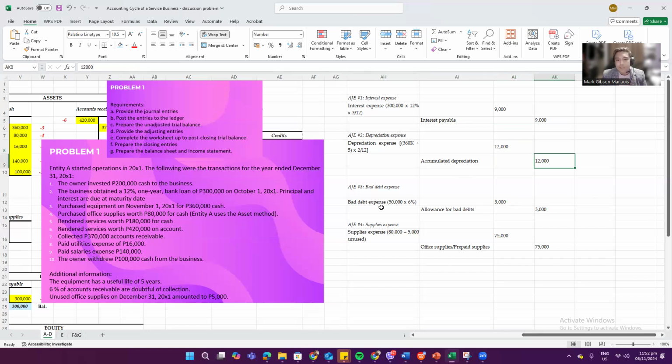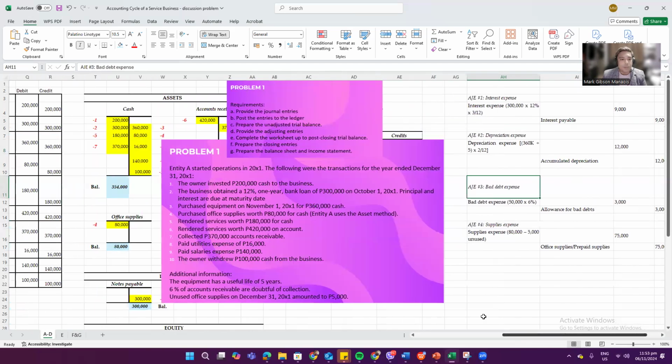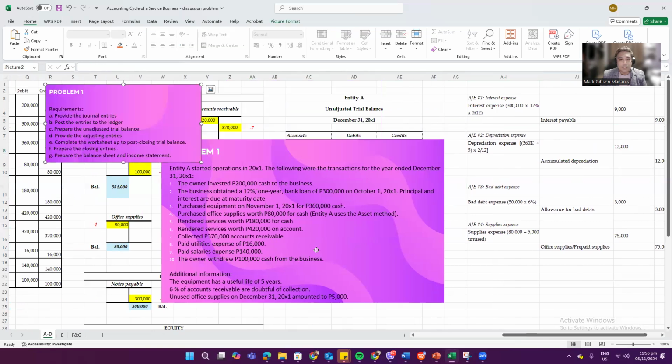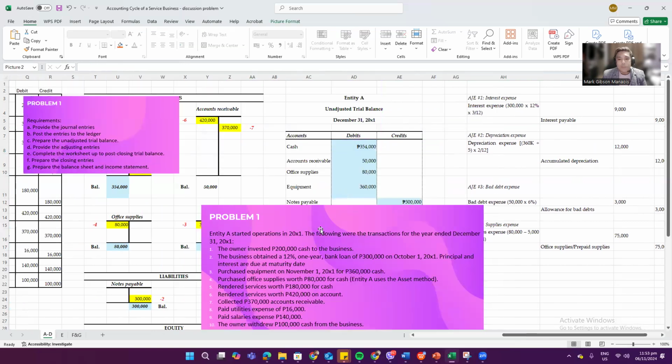And then finally, adjusting entry number 3, we have the bad debt expense. No? So again, it says here that 6% of accounts receivable are doubtful of collection. How much is our receivable balance? Let's look at the accounts receivable balance. Oops, it's covered. So our accounts receivable balance is 50,000.